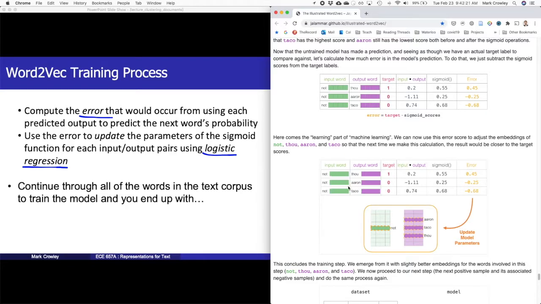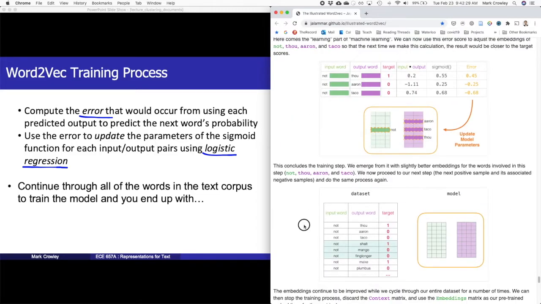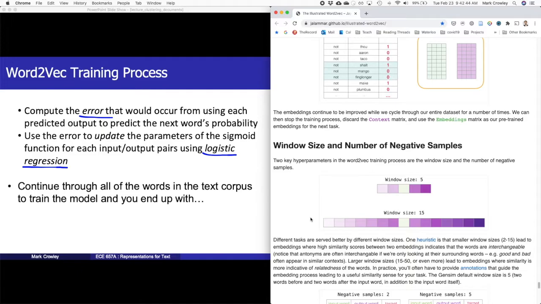So the mapping that tells you that these words should follow each other would be reduced, right? And so your model will get slowly better. And the encoding will become more correct over time. So you go through all the words in your many documents, and update this way, essentially just using logistic regression and lots of little versions of it.